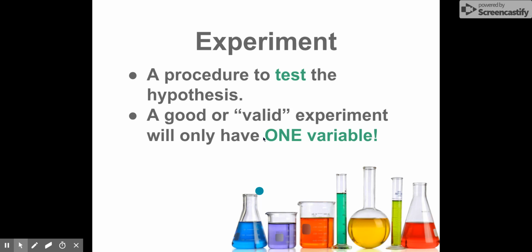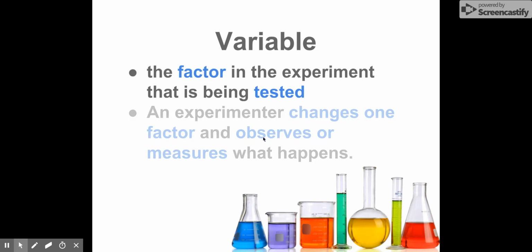A variable is something that we're able to change or alter to be able to manipulate our experiment or be able to help us identify if our hypothesis is good or not. So a variable is what is being used in the experiment that is being tested. So an experimenter normally changes one factor and observes or measures what happens.